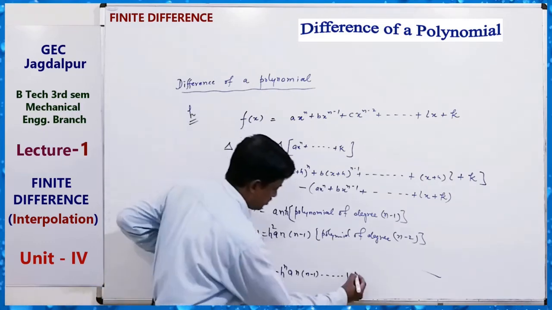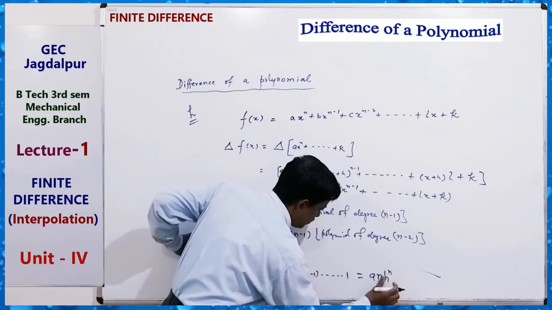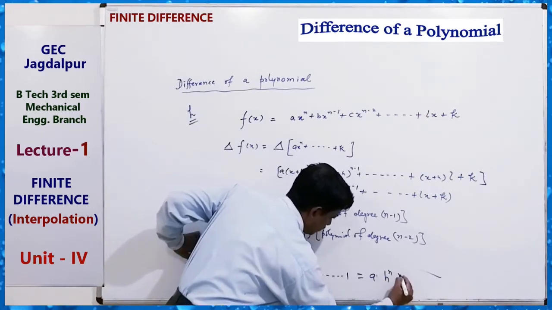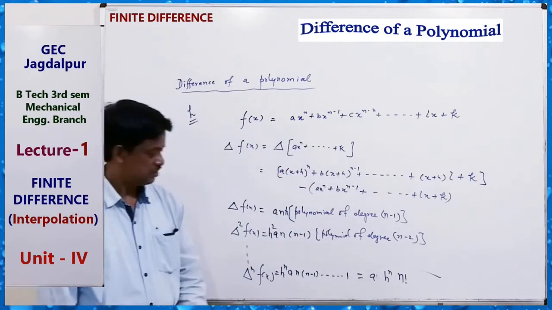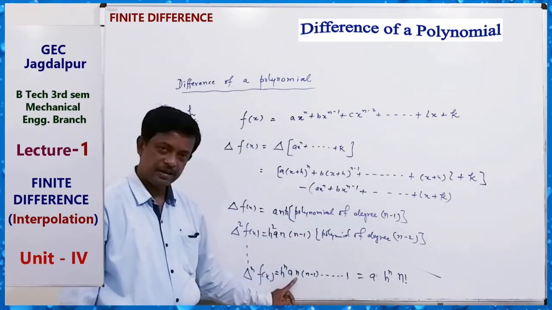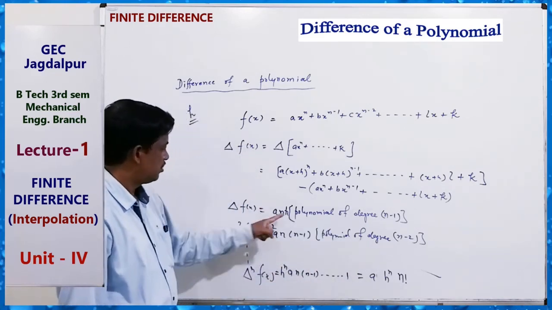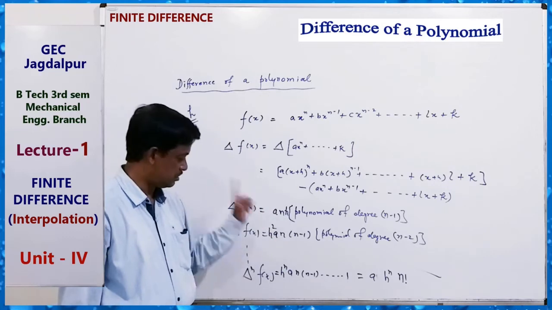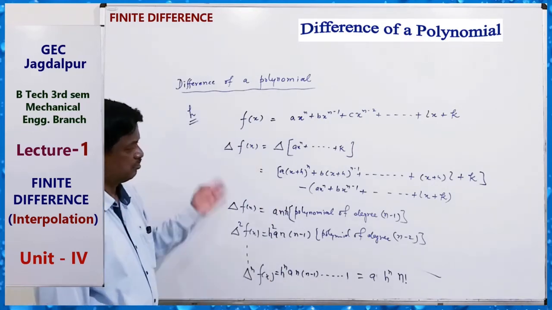This is equal to a n h to the power n factorial, because 1, 2, 3, 4 up to n factorial. First time, 1 time h, second time, 2 times h, third term, h to the power n. You can see it by doing.